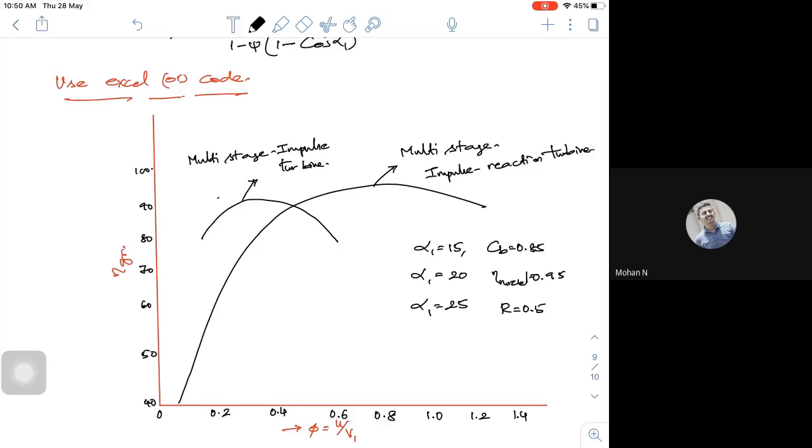So the lower the angle, if alpha goes down, your phi value also will increase. Or if alpha is equal to 25, phi optimum will be around 90% or 91%. So my gross stage efficiency will decrease with an increase in alpha.